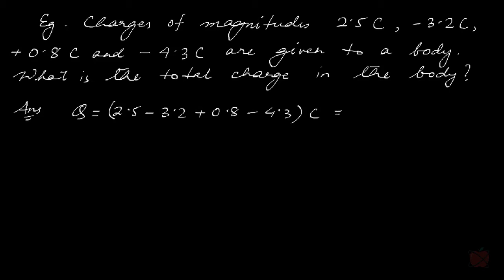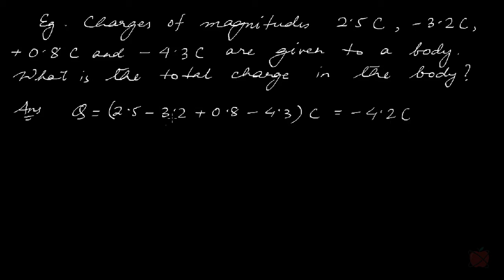So how much does this come out to be? Let me just try this out. 2.5 minus 3.2 plus 0.8 and minus 4.3 comes out to be minus 4.2 coulomb.